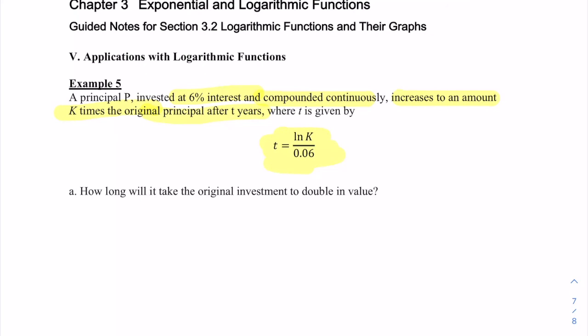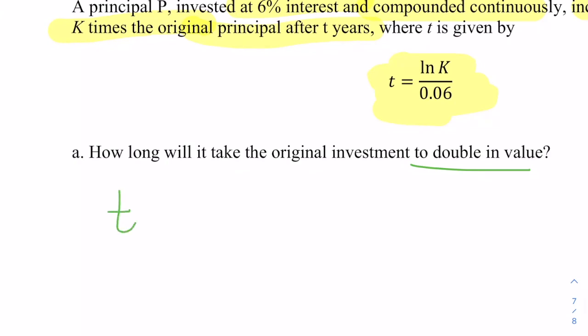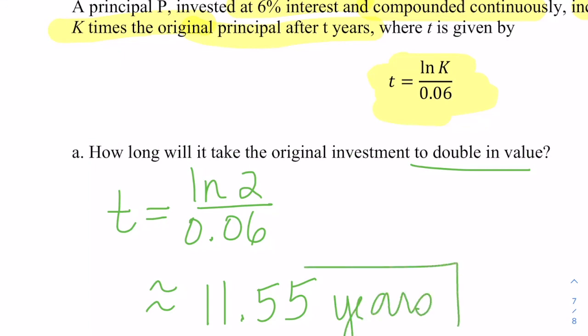So we want to see how long it will take, what's the time, to first double the value. So when we plug in k equals 2, we'll have natural log of 2 over the rate, which is 0.06. And that's going to take about 11 and a half years for that investment to double.